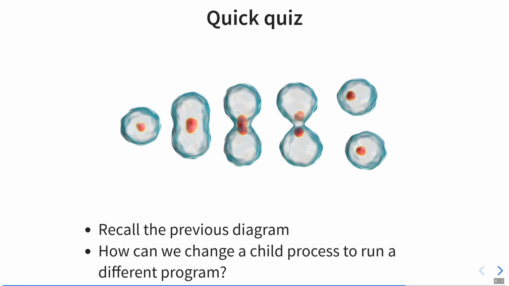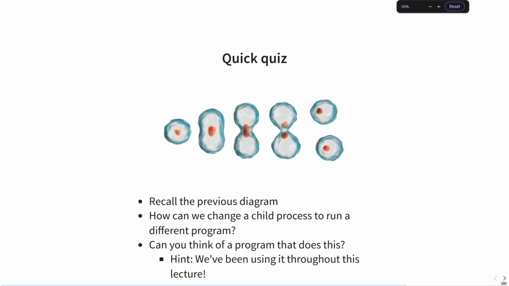All right, to answer maybe your question earlier about why we use exec: so we can change child processes to do different things. And I think now is a good time for me to ask a question. Can you think of a program that does this? It forks and then changes the child's behavior with exec.